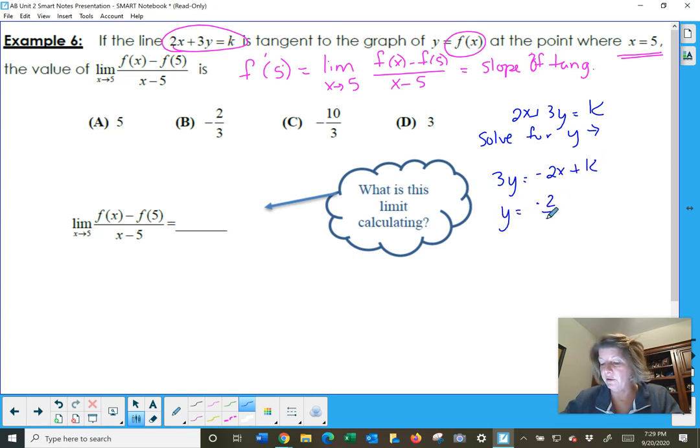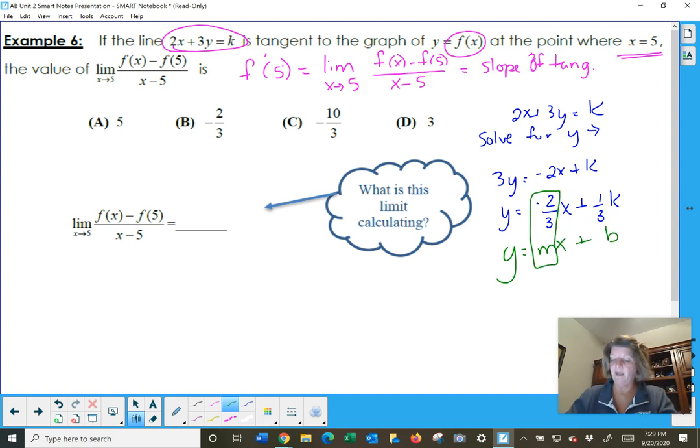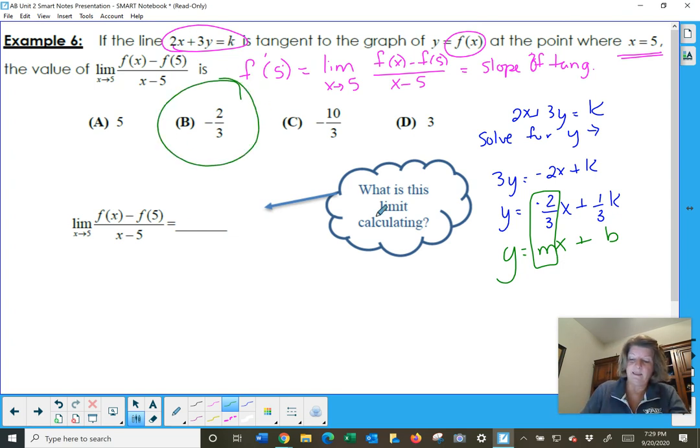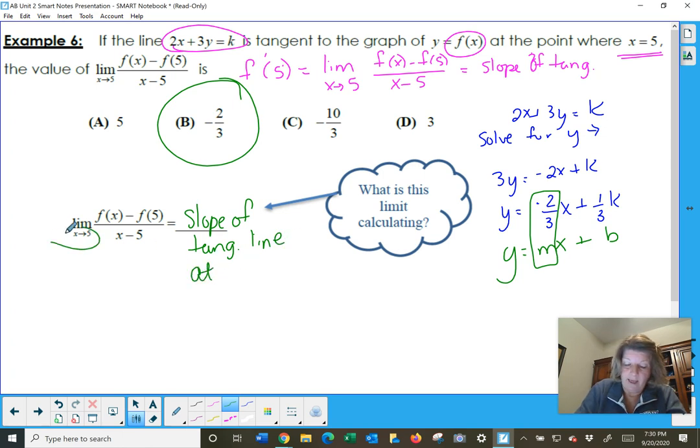I've got negative 2/3 x plus 1/3 of k. Well, y equals mx plus b tells me what the slope of that tangent line is, right? Right there, I can tell that the slope was negative 2/3. What is the limit calculating? It's calculating the slope of the tangent line at a specific point, at x equals 5.